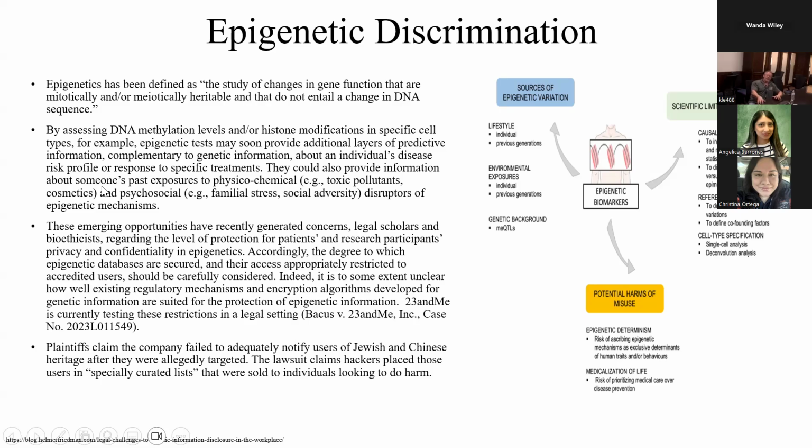This can also give you information about what they've been exposed to in the past. This is a topic that we're looking at right now here in the Department of Human Genetics. We have a lot of DNA sequences from a lot of people all over the world, but particularly here in South Texas. And we're looking to see how many times these people in the past have been exposed to toxic levels of pesticide.